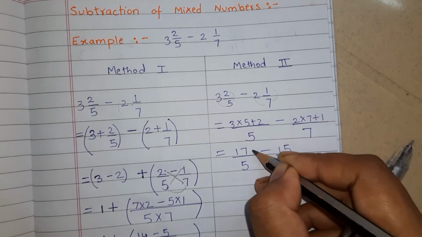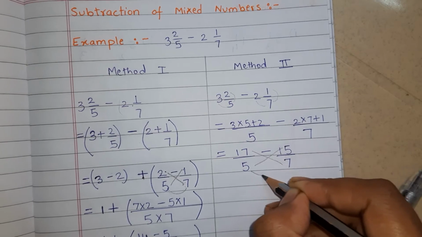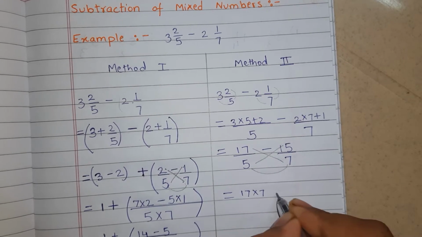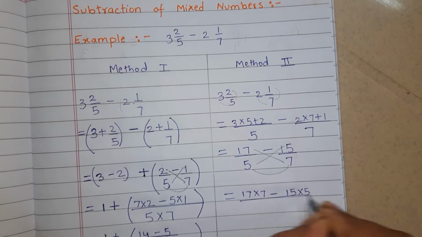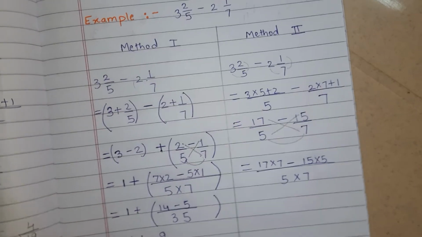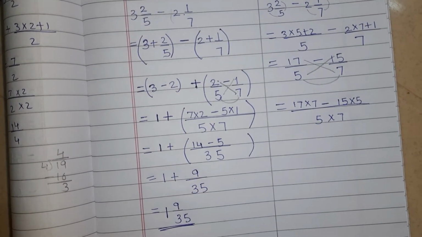Now again the same method, cross multiplication. So this 2 first, then this 2, and then this 2. Okay, so first 17 into 7 minus 15 into 5 upon 5 into 7. Now 17 into 7. If you know the table of 7, very good.